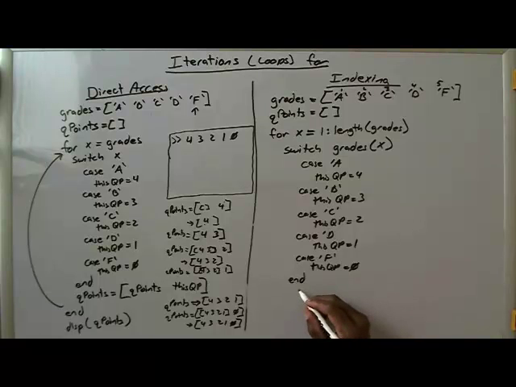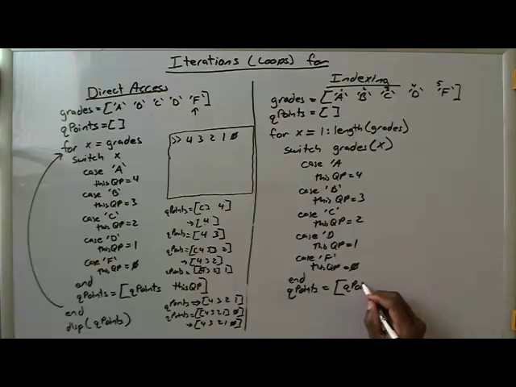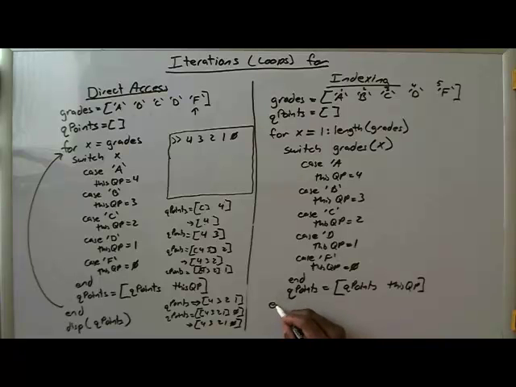Then I do my concatenation statement here to build my vector: Q points equals the concatenation of Q points and this QP. And then I end my for, and then I possibly want to display vector Q points.